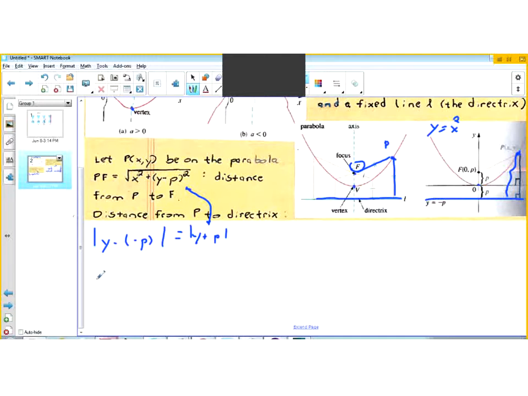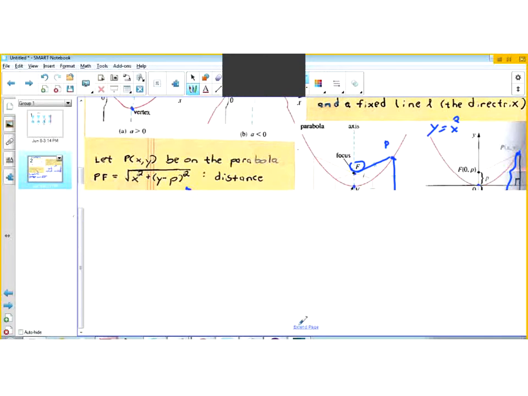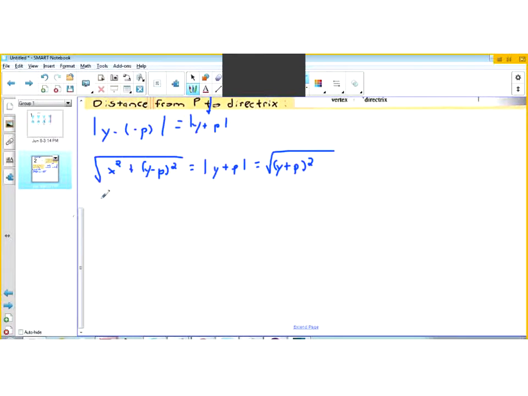The distance from an arbitrary point on the parabola y equals x squared to the focus is the square root of x squared plus quantity y minus P squared, and that has to equal the absolute value of y plus P. Which of course we know by definition of absolute value is just the square root of quantity y plus P squared.